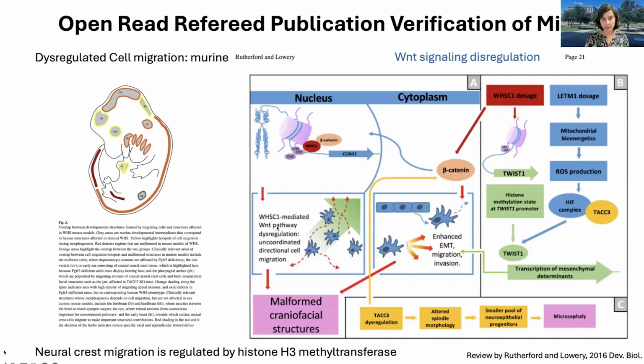So here you have a diagram that indicates that if you have abnormal migration, you get uncoordinated migration. So you have these malformed cranial features that are very important for diagnosis in clinic. And also you get other issues that can result in microcephaly, so that's a smaller head size.